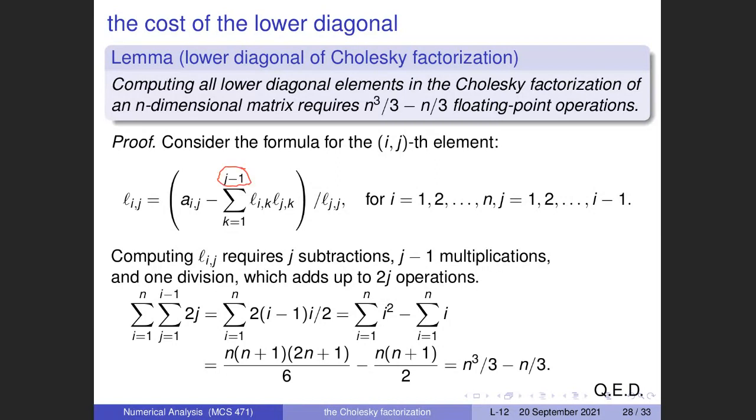So here we have j minus 1 steps. In some sense, doing this as the sum function, we do have j minus 1 operations. And we have one extra subtraction here. So we have j subtractions. In the sum, you could say, do you do additions? But these are all floating point operations. So we have j minus 1 multiplications inside the big sigma, and we do one division. So this all adds up again to 2 times j operations for the ij-th element.